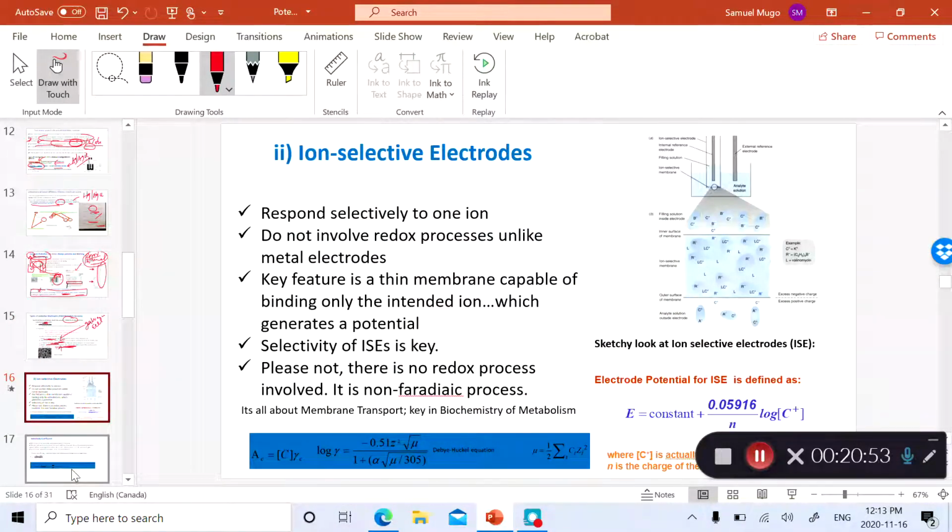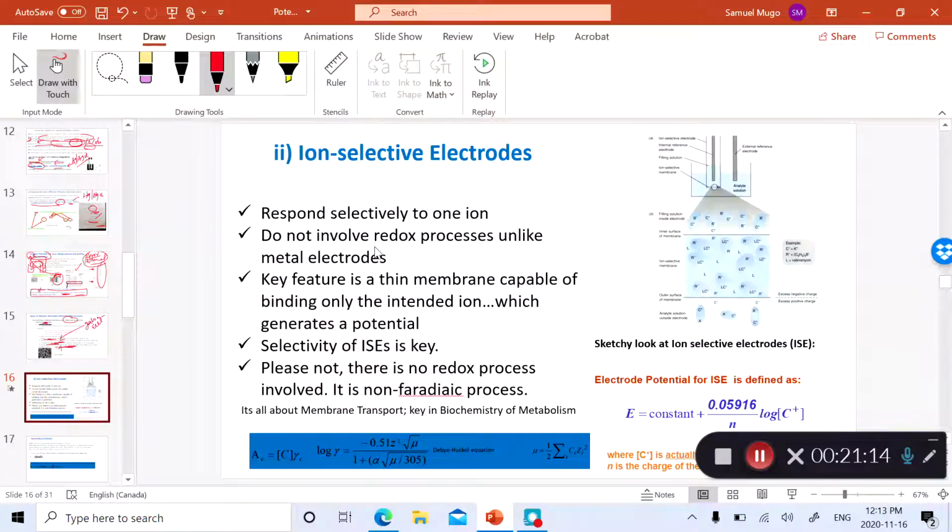So let me now talk a bit about ion selective electrodes, which, as I said, are the most common type of sensors used in potentiometric devices. Ion selective electrodes generally respond selectively to an ion.